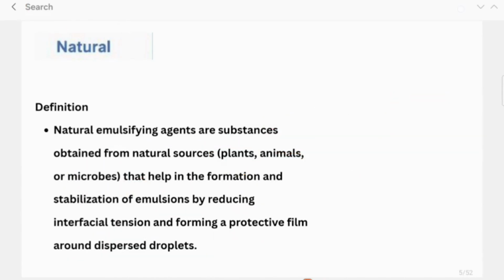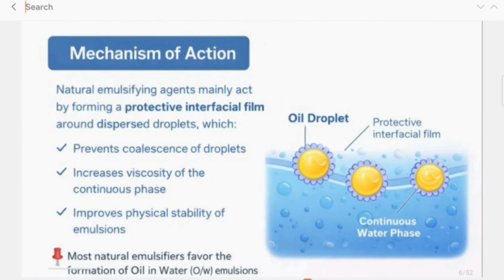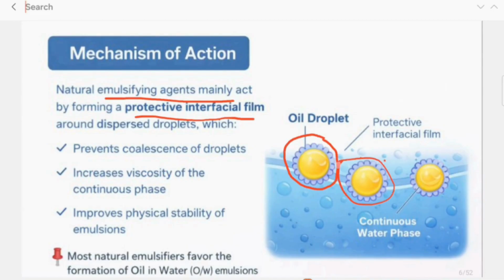Here is the mechanism of action, how they help in the preparation as well as in the stabilization of emulsions. The natural emulsifying agents mainly act in two ways. Mainly they form a protective interfacial film. In the diagram we can see that around the droplet there is a layer formation, called the protective interfacial film.